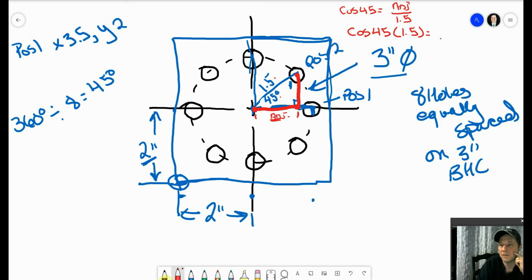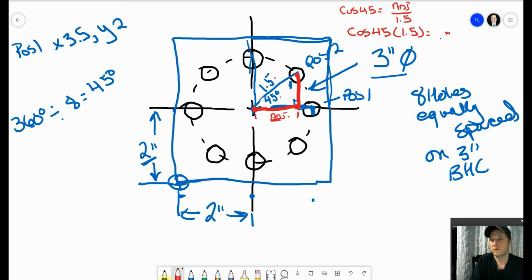And if I'm not mistaken, I believe that's 75, but I can't see now, but cosine 45 times 1.5. Cosine 40. Okay, I'm wrong. Good. Well, it's good to be wrong once in a while.